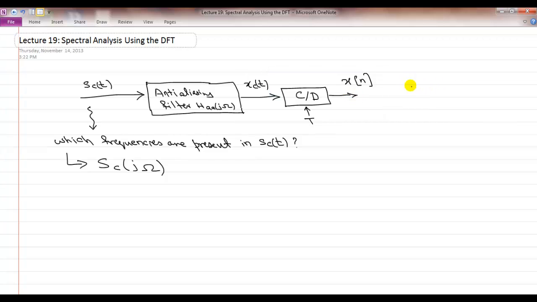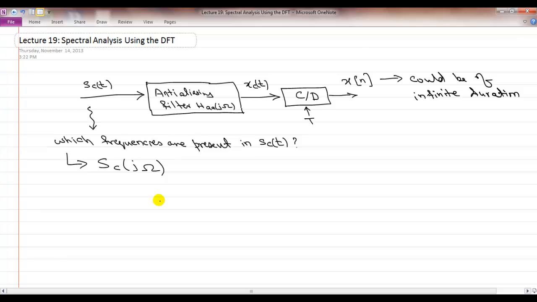So we don't know, this xn could be of infinite duration. And most likely it will be of infinite duration if you are talking about a band-limited signal. If something is band-limited, it of course exists in time forever. Think of a cosine: just one frequency, but it's going to exist forever.